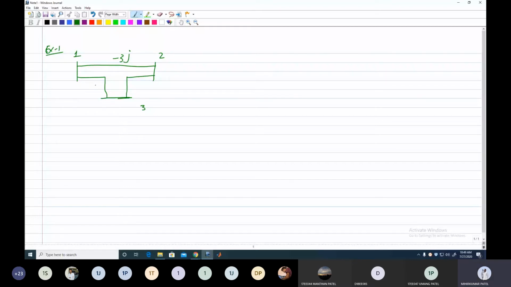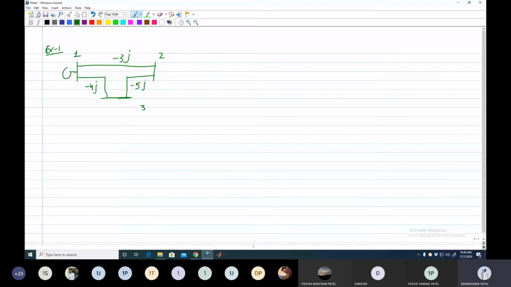So these values are admittances. The per unit admittance of the lines is given in your diagram.